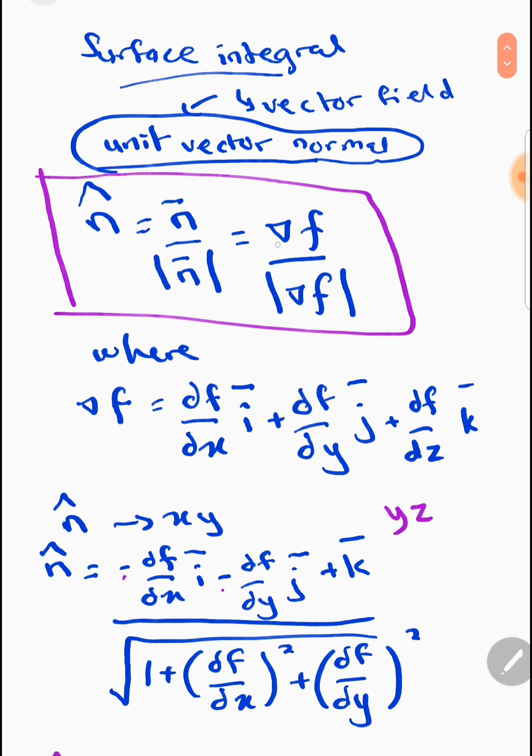Only that you will find your nabla of f, which we call the gradient, the gradient of vector f. And how you got it? You just do a partial derivative of df over dx i plus df over dy j plus df over dz k. So this is actually method 1.